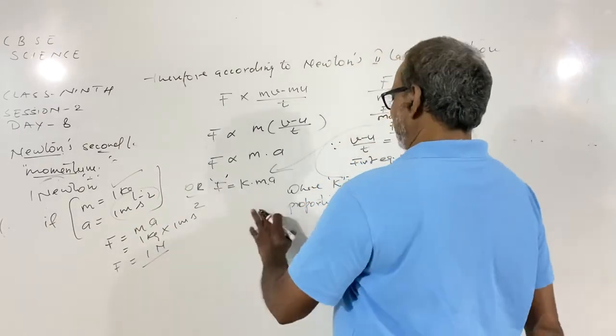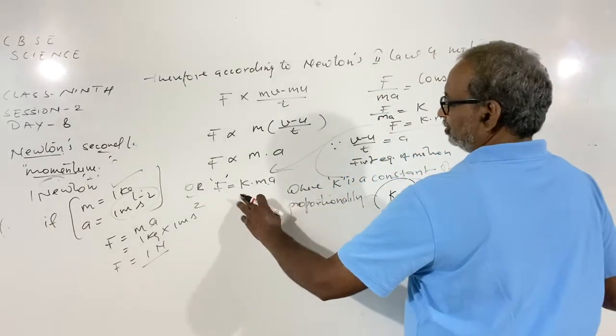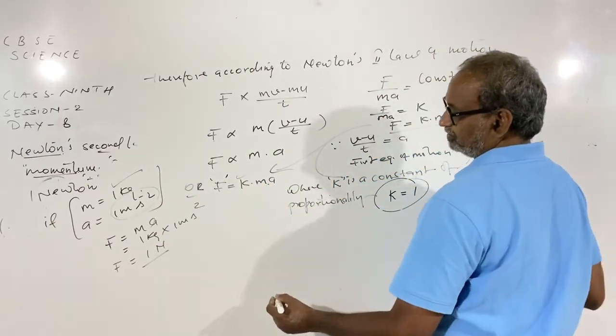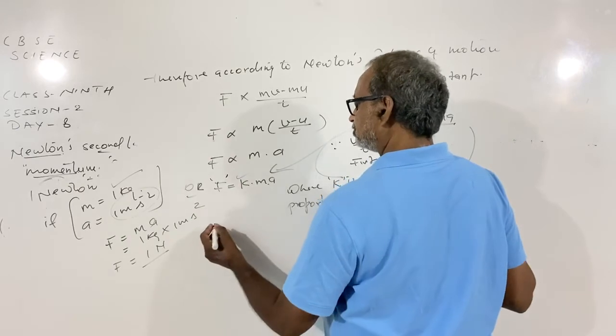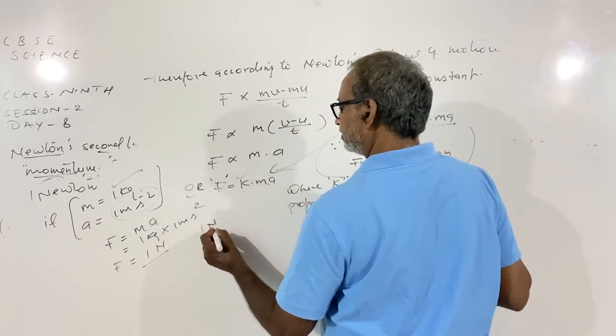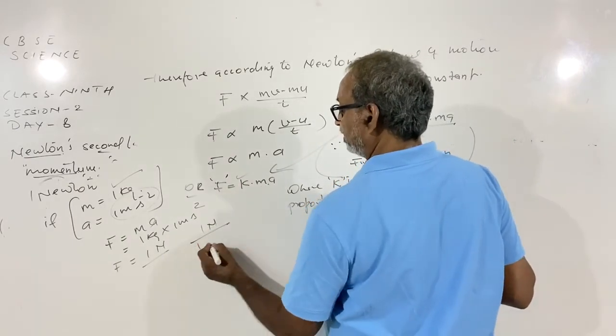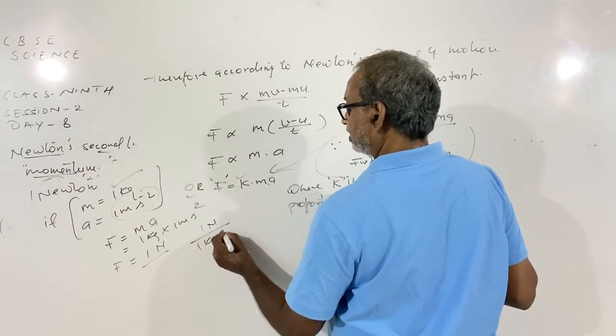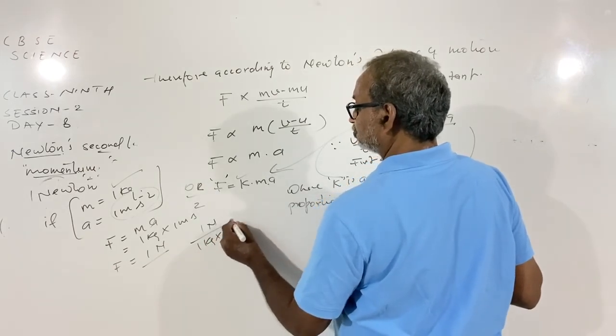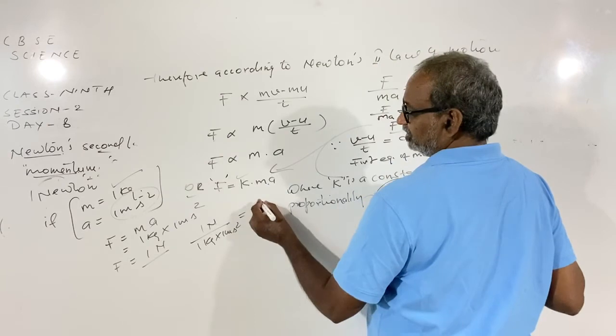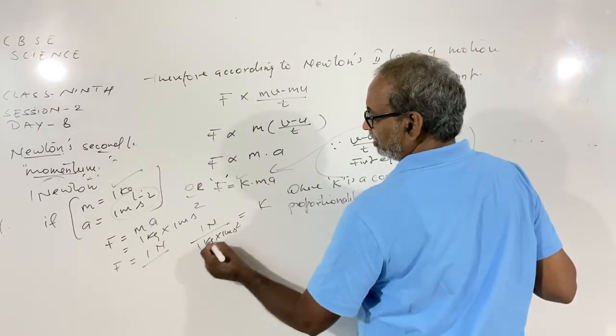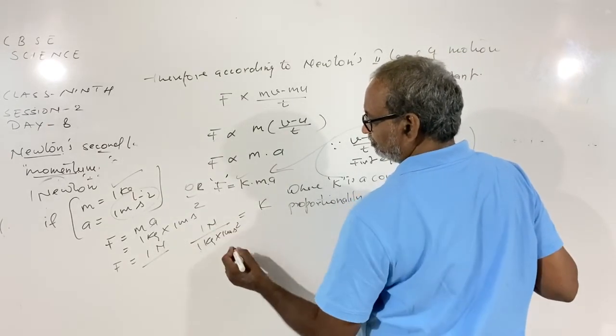Now let us apply and find out the value of K. So F is 1 Newton, mass 1 kilogram, acceleration 1 meter per second square, is equal to K. 1 into 1, 1. 1 over 1, 1.